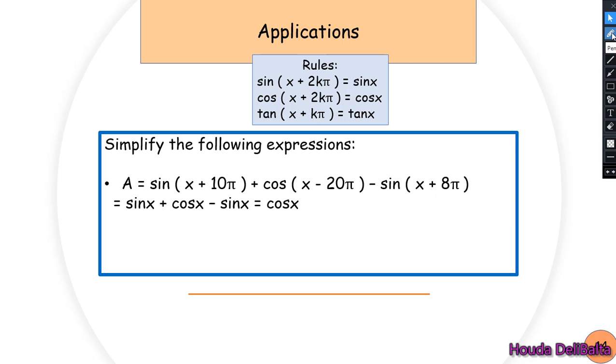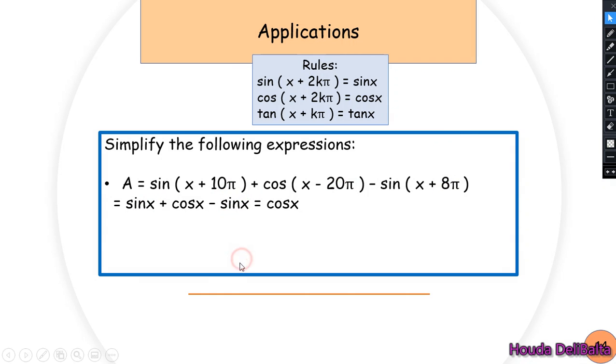So using the first and the second remarks, 10 pi is going to be cancelled, 20 pi is going to be cancelled, and 8 pi is going to be cancelled, whether negative or positive. Any even number multiplied by pi is going to be cancelled. So I get sine x plus cosine x minus sine x. We cancel the opposites, and the final answer is just cosine x.